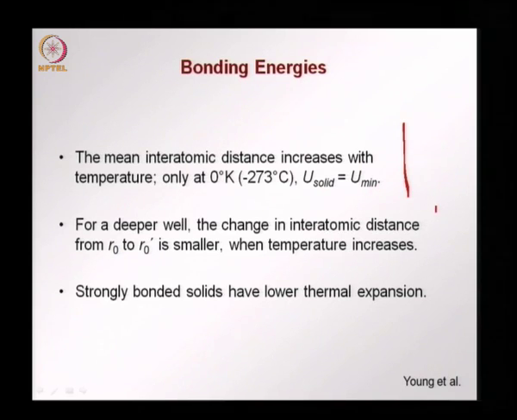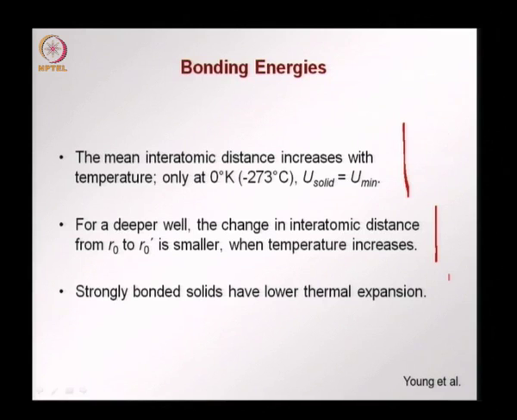At any other temperature, we find that the interatomic distance keeps changing, and the average R0 is now higher for a weaker bond. For a stronger bond, the well is deeper. We have a narrower well, and therefore, the change in interatomic distance is smaller as the temperature increases. So, from this we can see why strongly bonded solids have lower thermal expansion than weakly bonded solids.